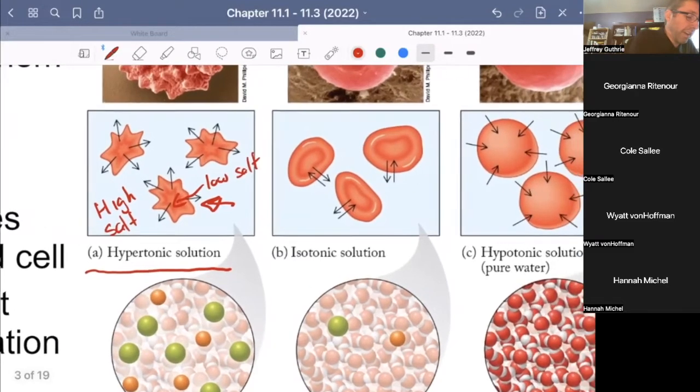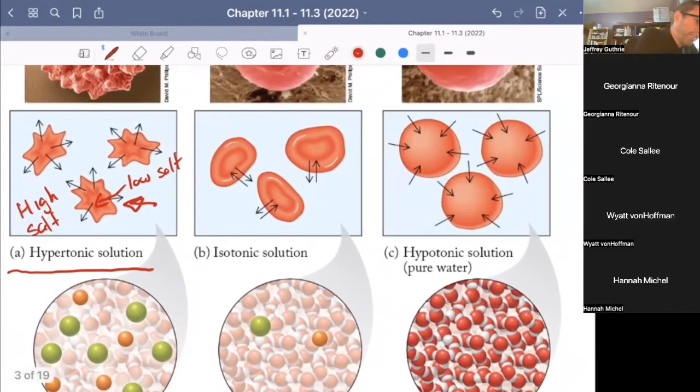If we have what's called an isotonic solution, then the salt is equal both in here and out there, right? So there's water moving back and forth between the blood cells, both in and out at the same rate. So there is no net increase or decrease in volume of the red blood cells.